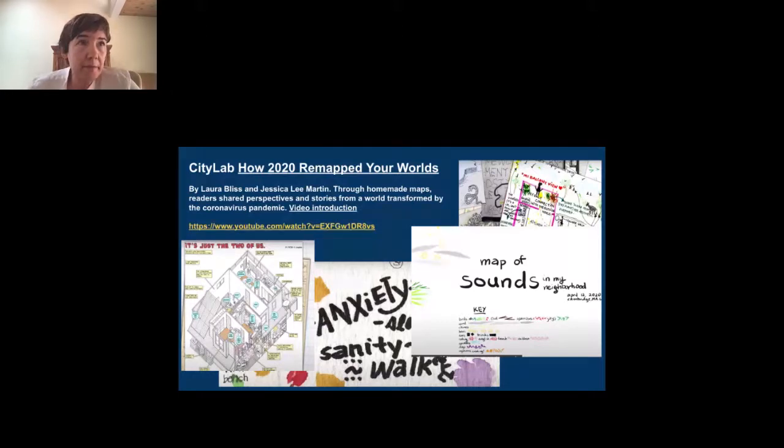Before I do an assignment on home and homeland and mapping, I also have students look at examples of how people visualize where they are and where they're located and where they are from. And I like to rely on tools such as the City Labs project that invited people to draw a map of their experience during COVID.